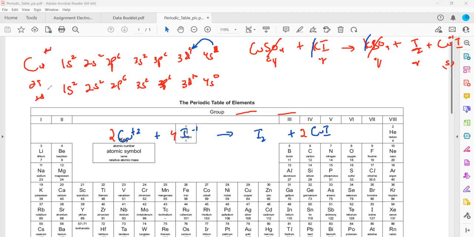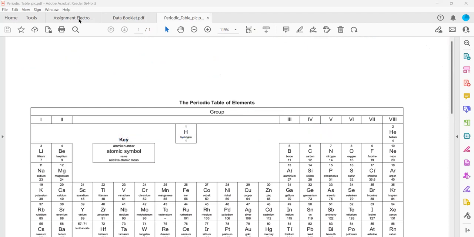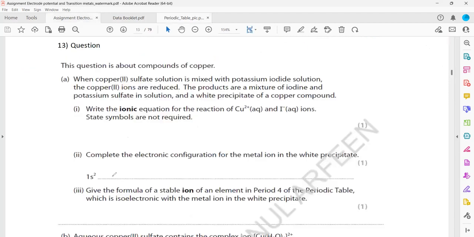This is the copper plus 1 ion. That's how we write the electronic configuration. You can write 4s0 or not, that is also fine.